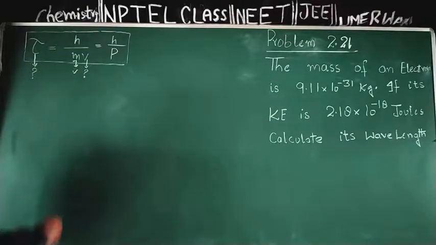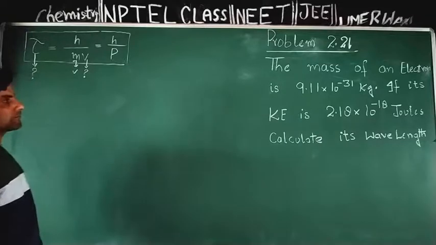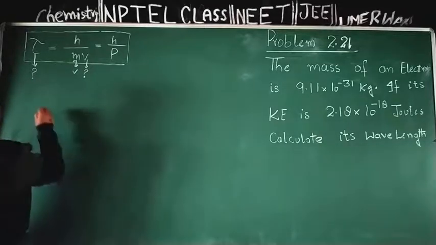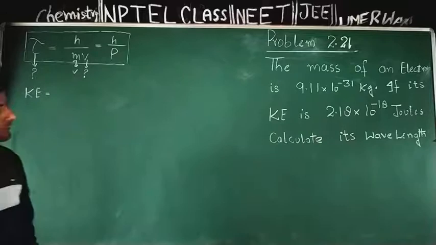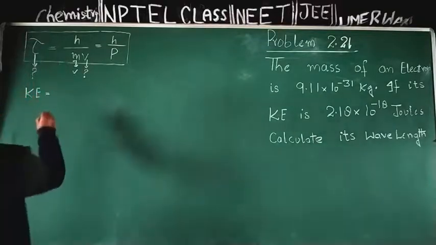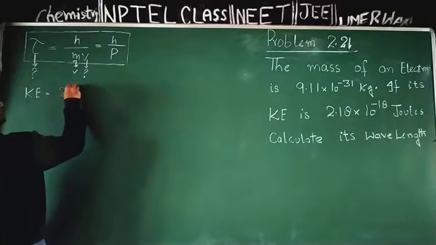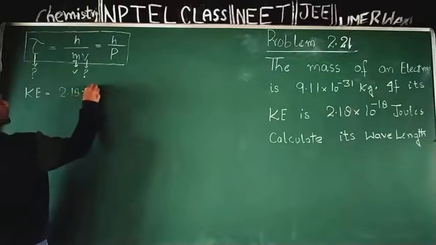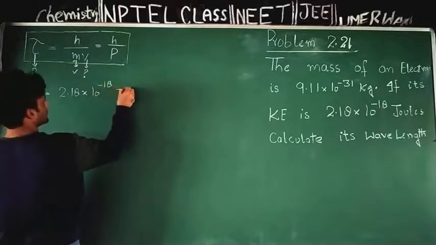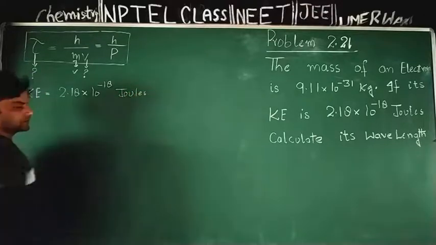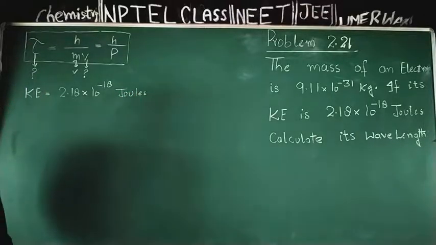For calculation of velocity, a hint is given because kinetic energy is given, and kinetic energy is equal to 2.18 × 10^-18 joules. In fact, this is the kinetic energy of the electron in the first orbit of hydrogen atom.